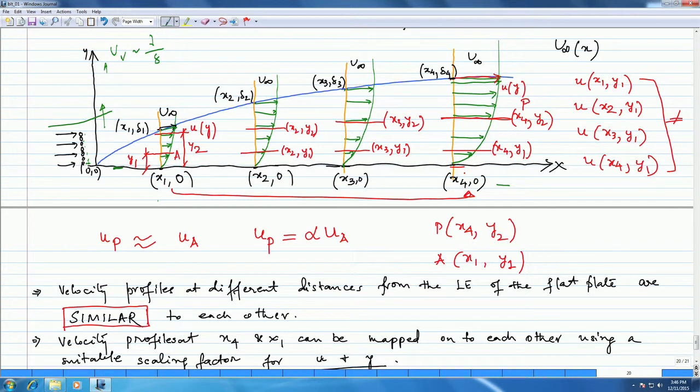In a way, to look at this, it's being pulled along the x-axis as well as pulled away along the y-axis. So the time that these particles take to go from the leading edge of the flat plate to x3, during that time, there are particles which are being transported away into the y direction.